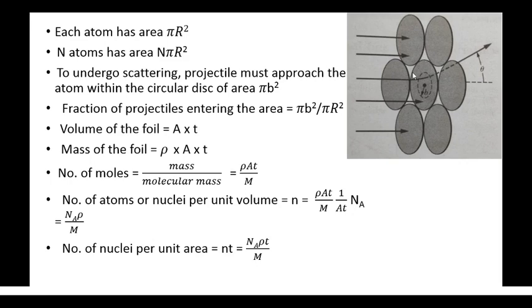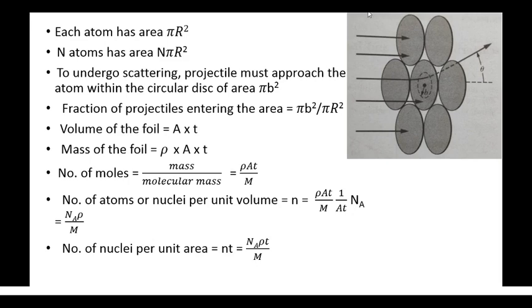So here each atom is represented by a circular disc. See here, this is a circular disc and it has a radius capital R. So every atom will have an area pi R square. So each atom has area pi R square. Here we are considering the atom as a circular disc with radius capital R. If there are n number of atoms, the total area will be n into pi R square.